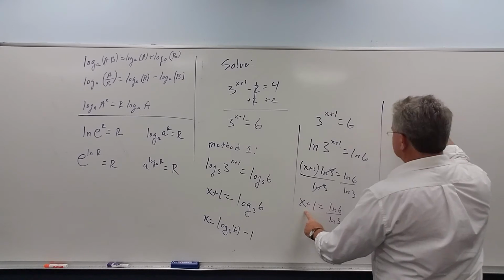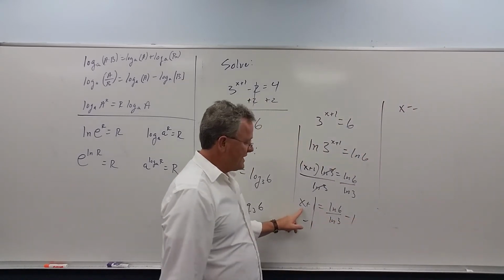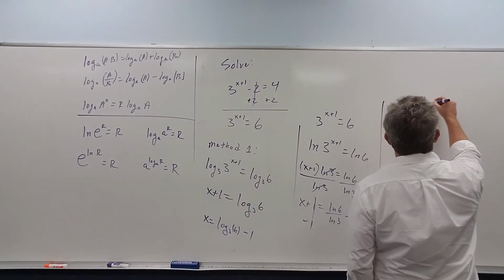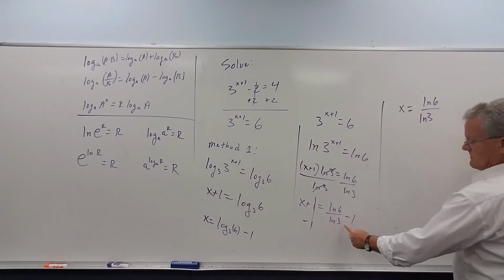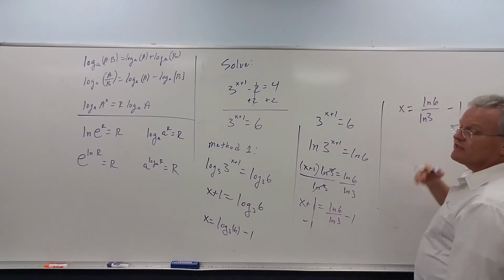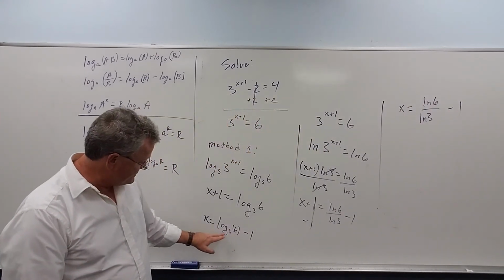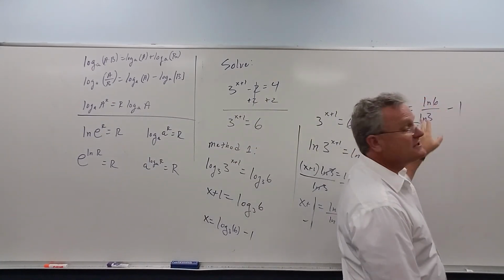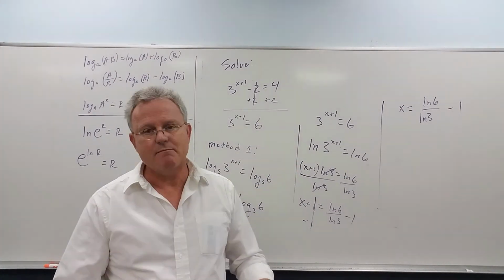When I subtract 1, those cancel, and we get x equals the natural log of 6 over the natural log of 3, minus 1. So that is the answer. If you check this on your calculator, this answer will be exactly the same as the other one. So it's just two different ways to get the same end result.